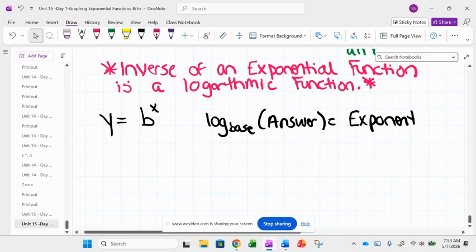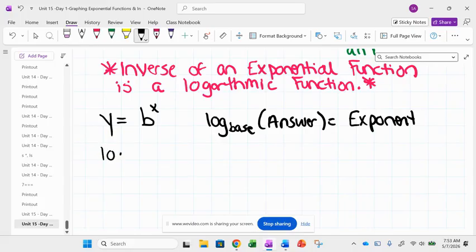So if I want to write y equals b raised to the x power as a log, do we all agree it's going to be log base b of y equals x? Yes, we good?